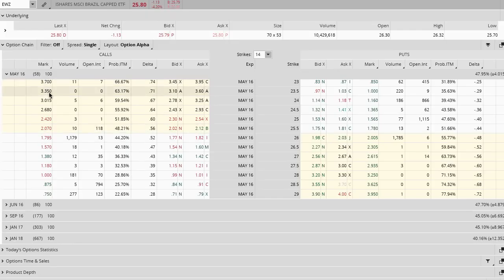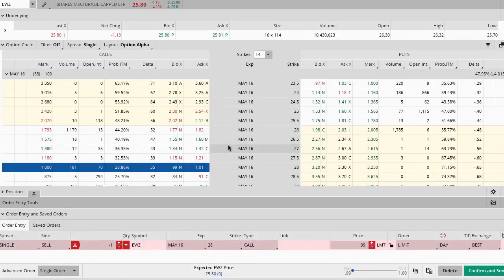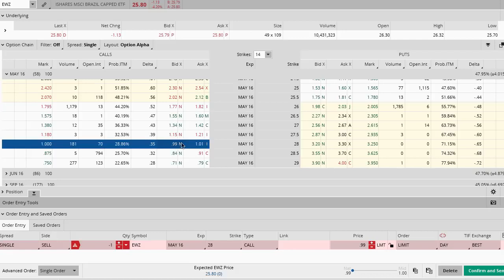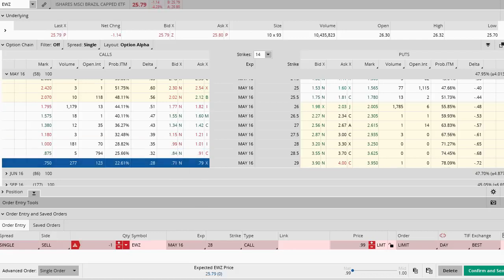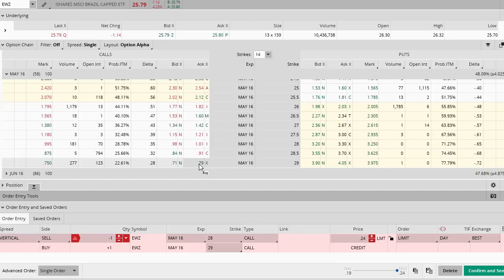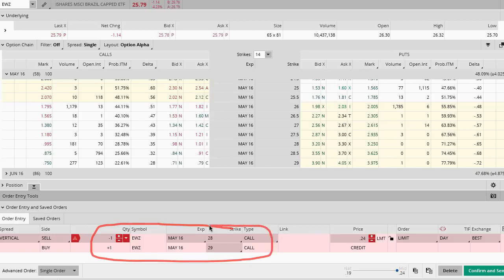If we go back to this pricing screen here for EWZ, we can sell the 29 calls, which are here, and go out to a different strike and buy the calls there. What that's going to do is create a call credit spread for us. So now we're doing a complex or multi-leg strategy where we sell one option, we buy another strike call, and now we get the difference in price between buying and selling.